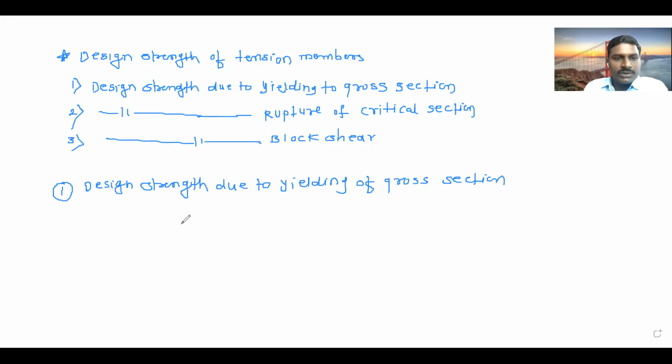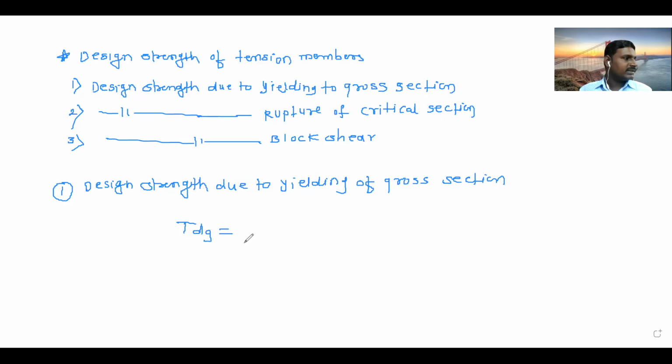The design strength is here Tdg. How to calculate this design strength? The meaning of Tdg is: T is for tension, D is for design, and G is the gross section, yielding of gross section. So first write down the formula.